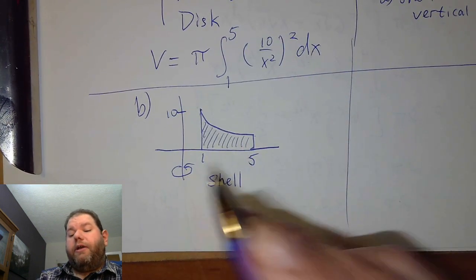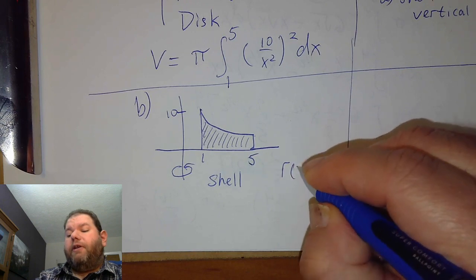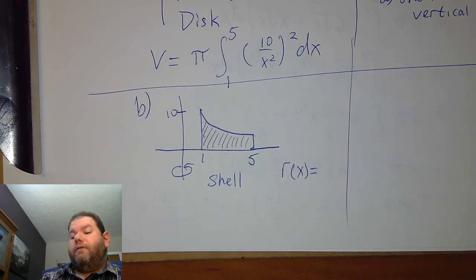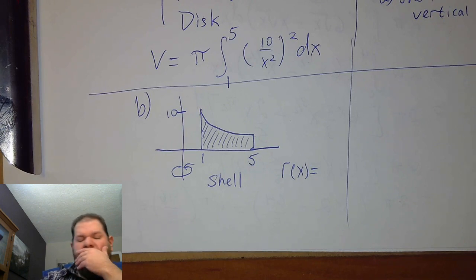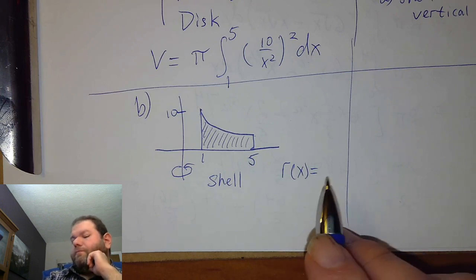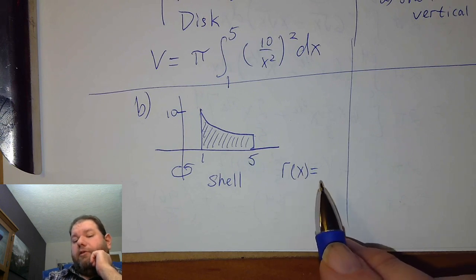Since we're going around the y-axis, what would be our radius function in this case? It's okay if you're still having a little trouble with that.